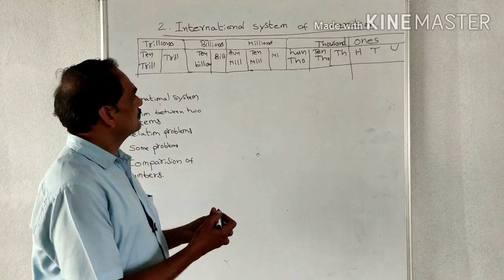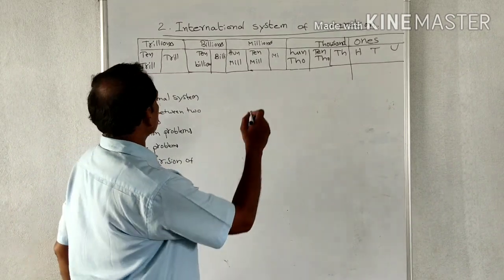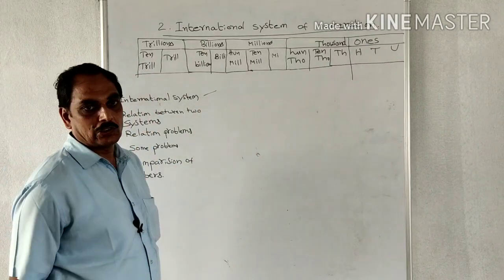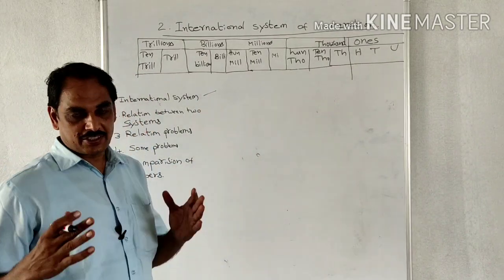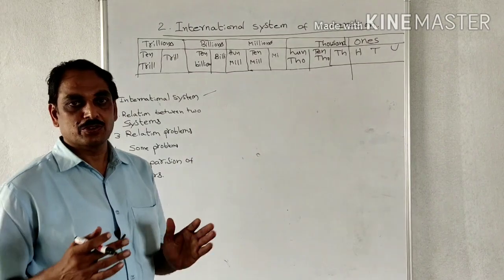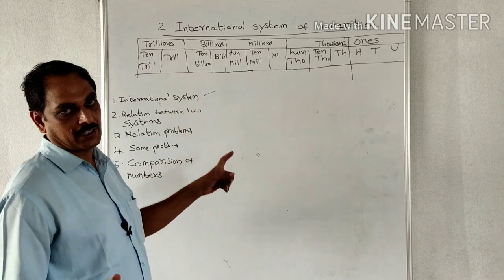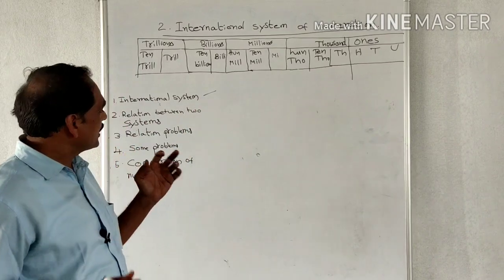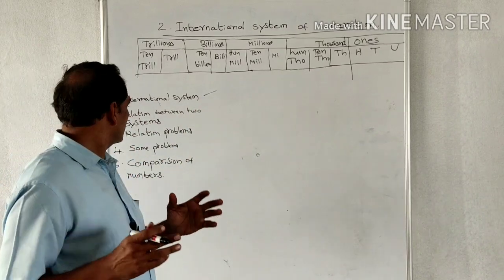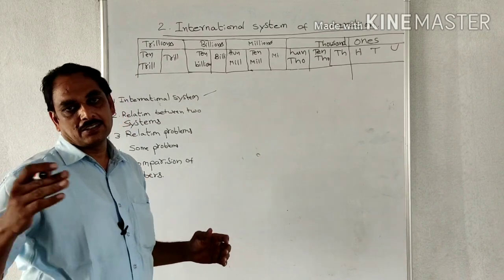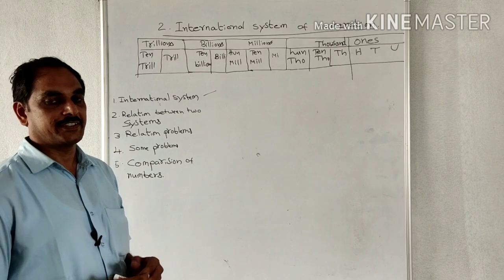Now, in this session, we are going to discuss these topics. Number one is the International System. Number two is the relation between two systems, that is the Indian System of Numeration and the International System of Numeration.